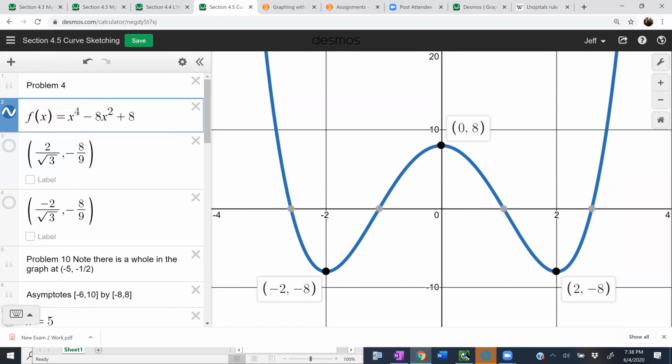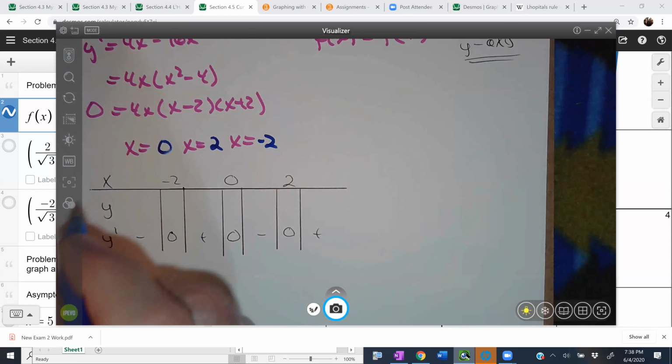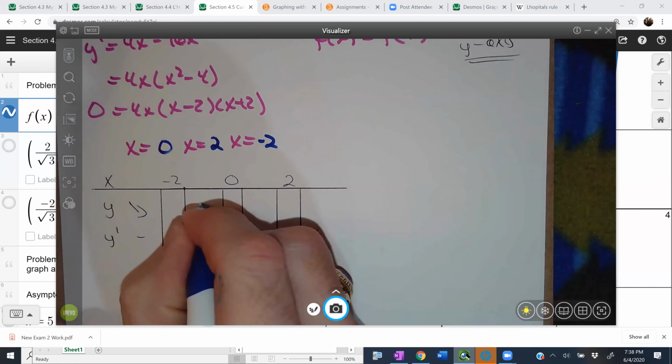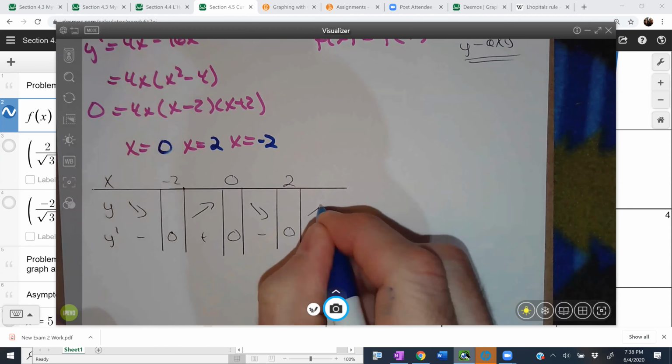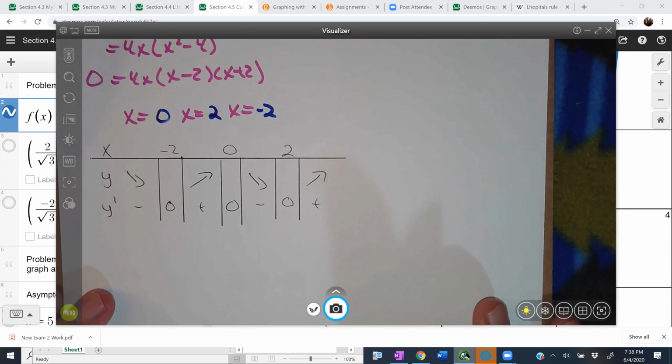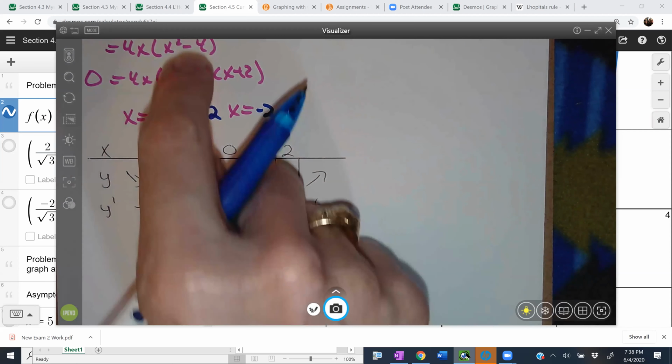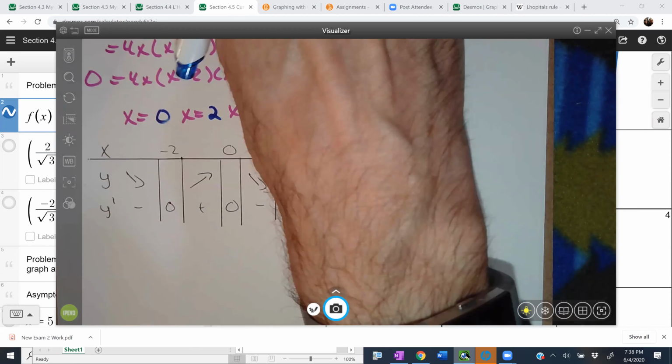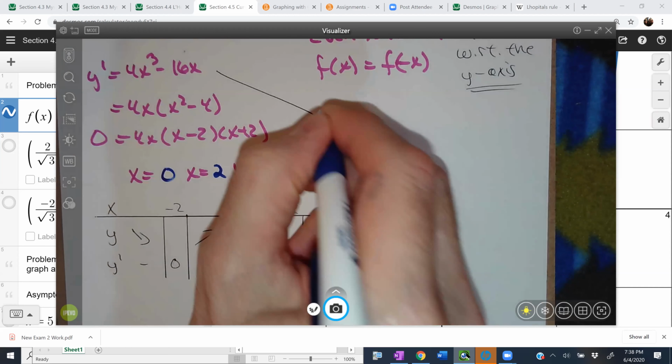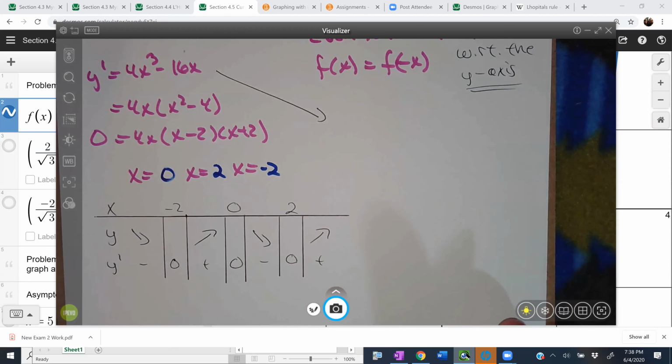We get a nice match. Decreasing, increasing, decreasing, increasing. Just what I was looking for. But let's go back up to our first derivative. What's the second derivative going to be?